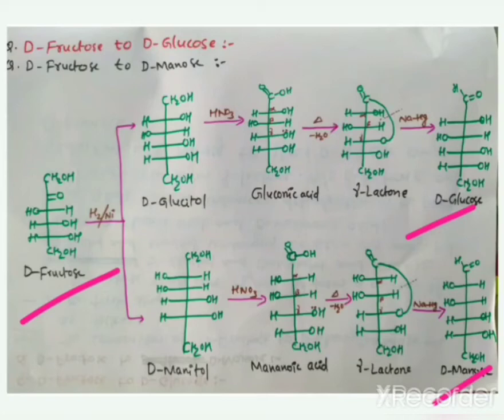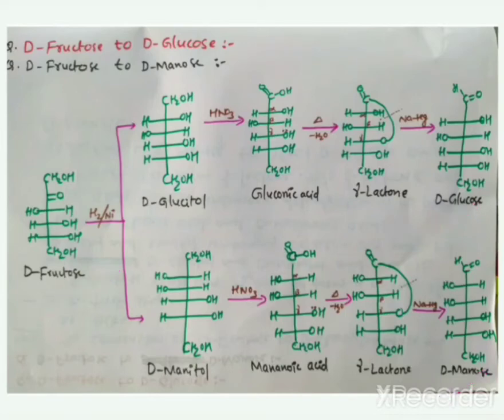D-glucose to D-arabinose is known as Ruff degradation. Those are the two important conversions. And finally, glucose to fructose, and reverse, fructose to glucose.